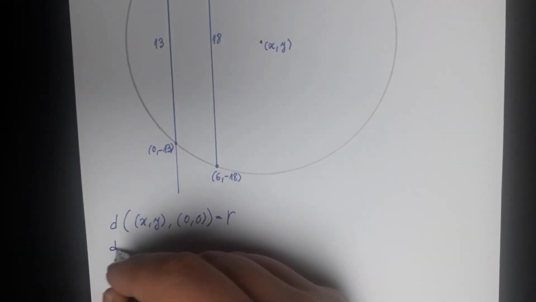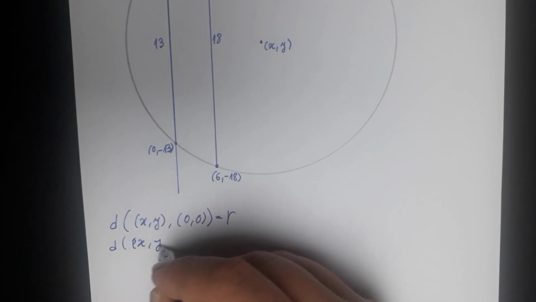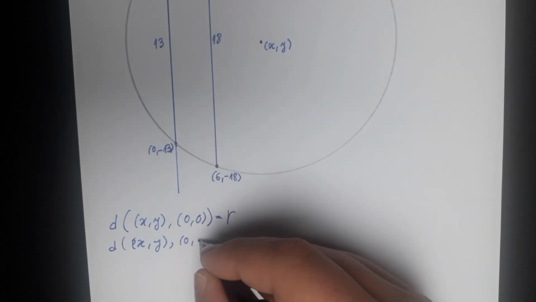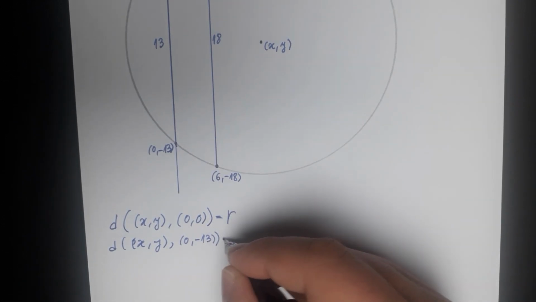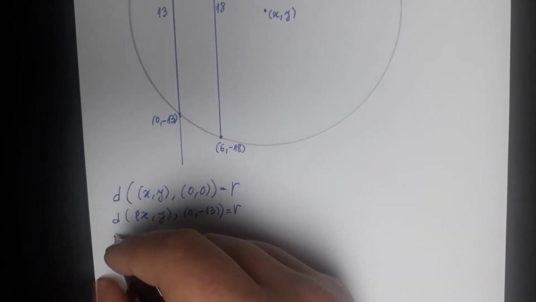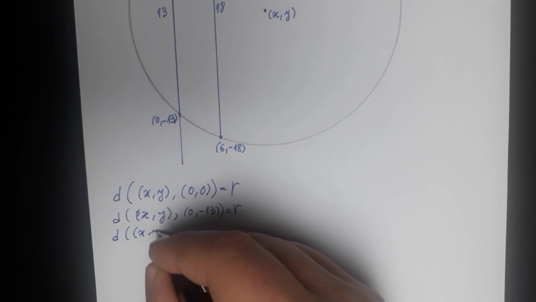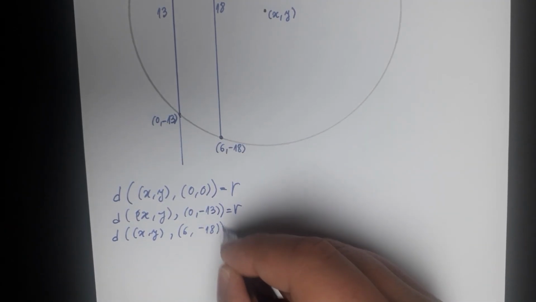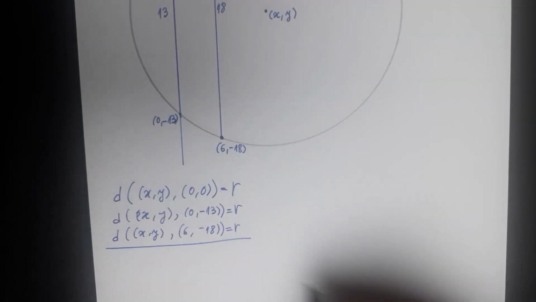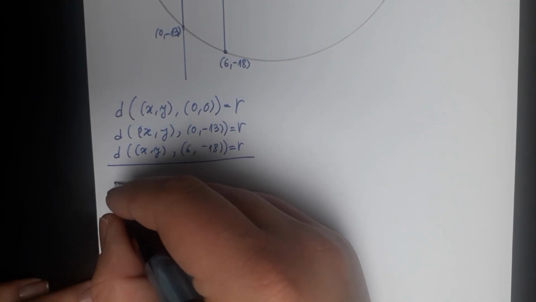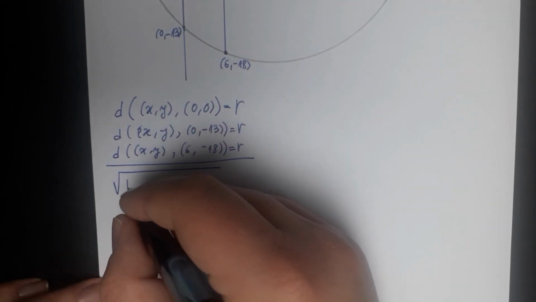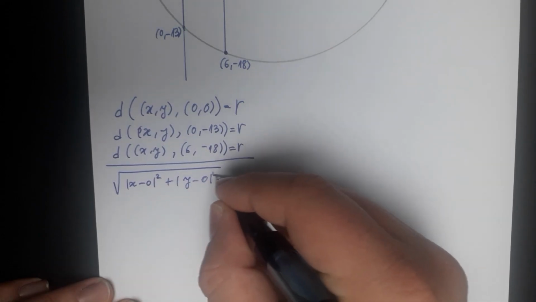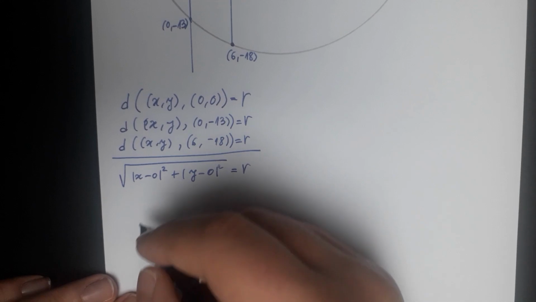The distance from the dot x, y, which is the center of the circle, to this dot right here, which has the coordinates of 0 and negative 13, is also r. And the distance from x, y to this dot right here, 6, negative 18, is also equal to r. Now the distance is defined as a square root of x minus 0 squared plus y minus 0 squared, and that is equal to r.